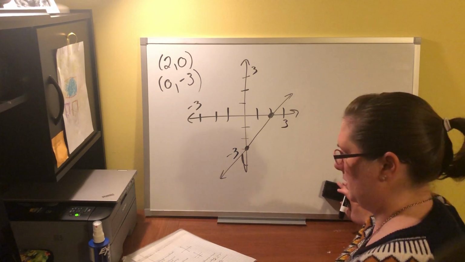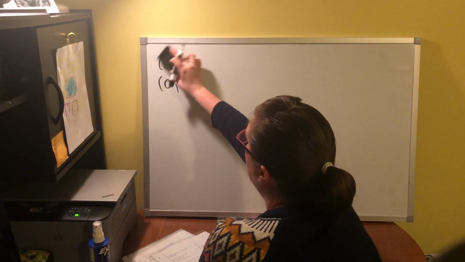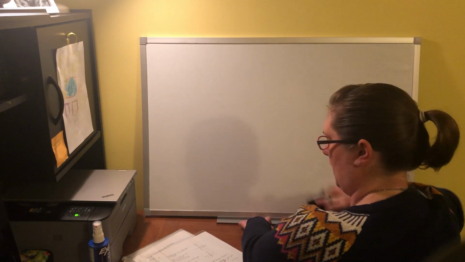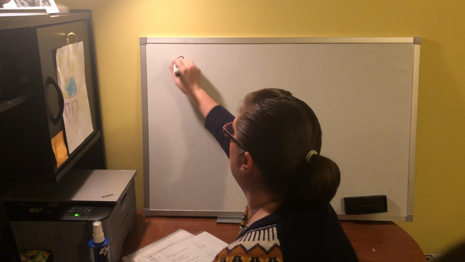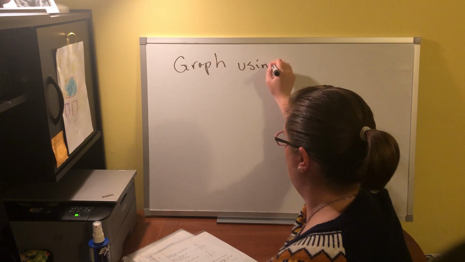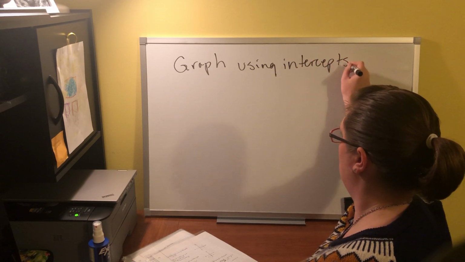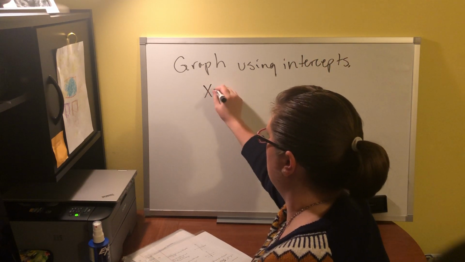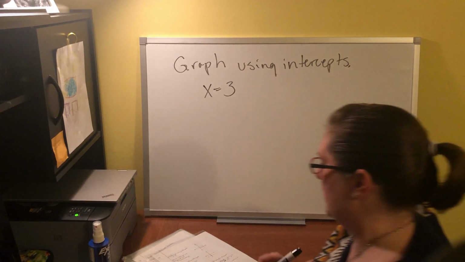All right, continuing on, believe it or not, we're almost finished with this section, okay? If they tell you to still graph using intercepts, and they give you x is 3. Well, we did this in the last section, right? We know how to graph x is 3.